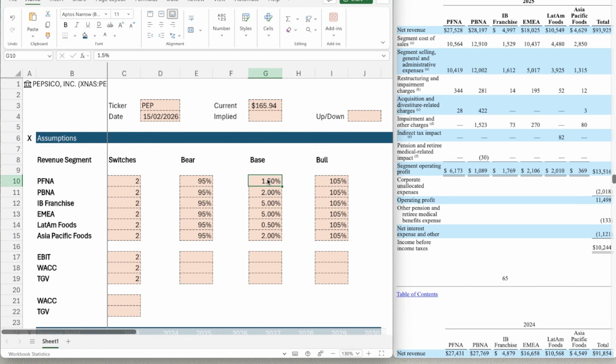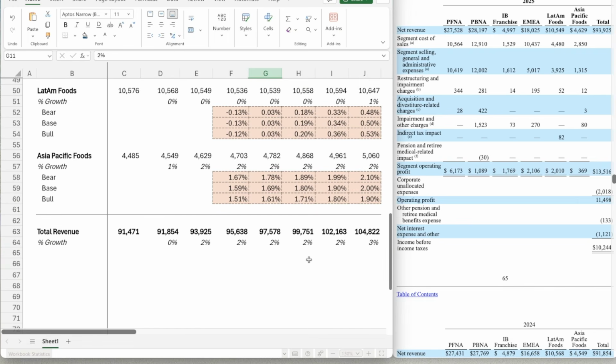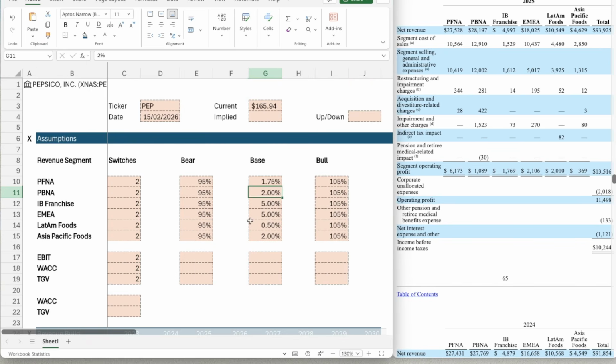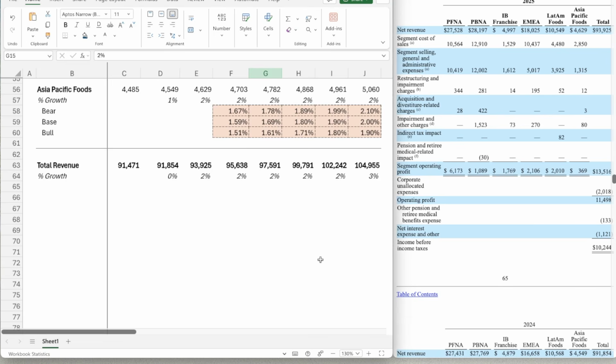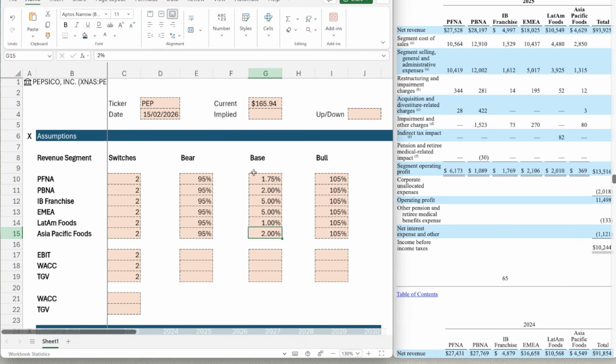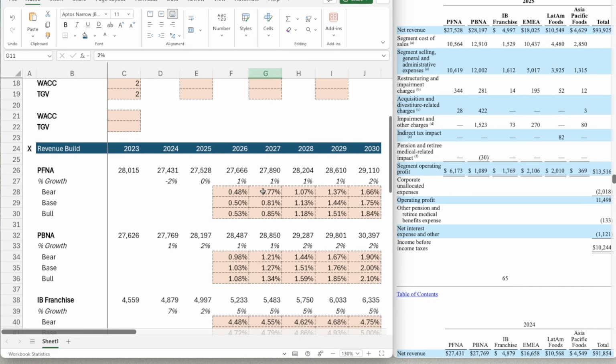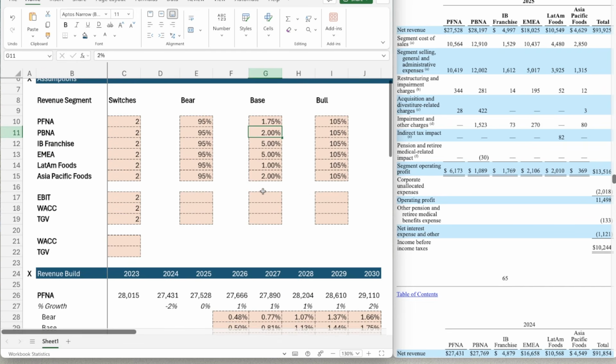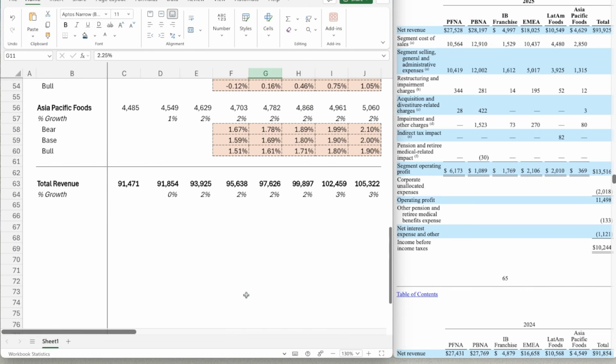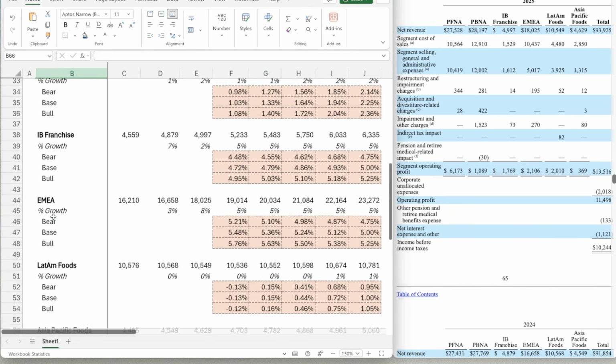So maybe we can put this to 1.75. Yeah, I think that's good, and we'll give 1%. We go 2.2 here and we go 2 here. Yeah, I think that's a bit better.